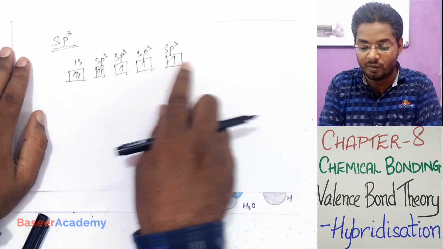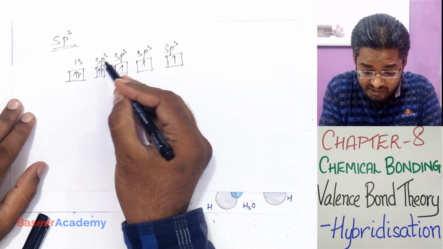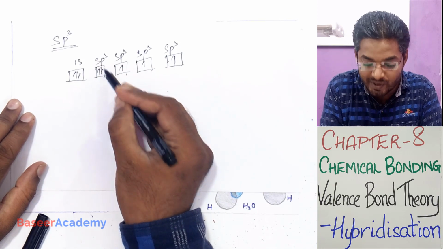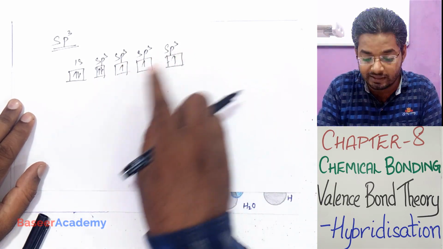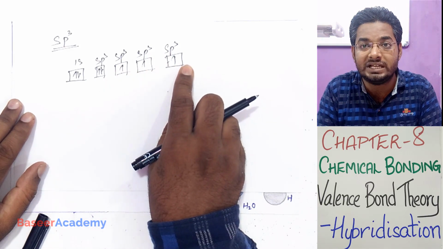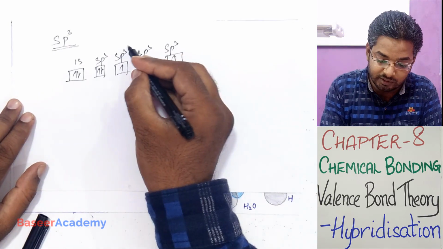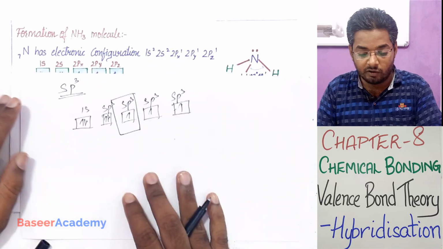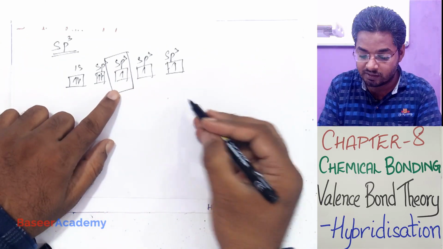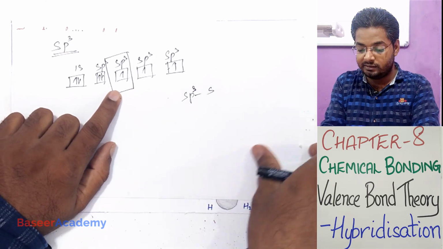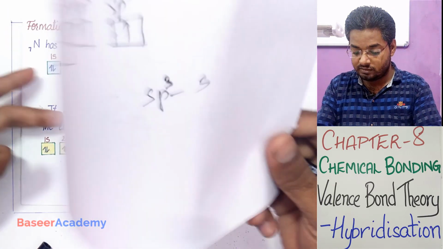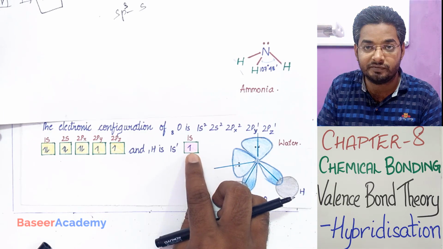Now the overlapping orbitals will be the same. One of the sp3 hybrid orbitals gets 2 electrons, while the remaining 3 sp3 hybrid orbitals get 1 electron each. So this sp3 hybrid orbital of nitrogen overlaps with the 1s orbital of hydrogen, the first hydrogen.